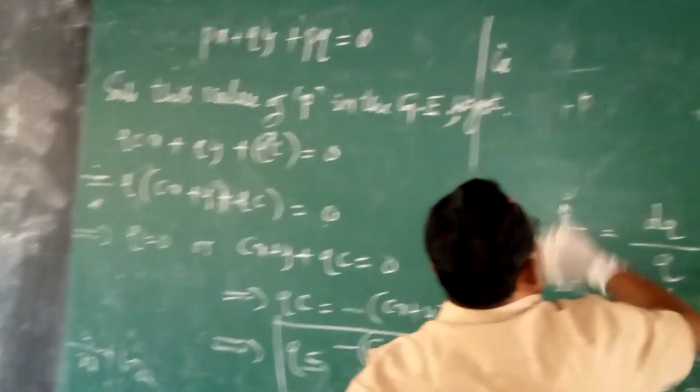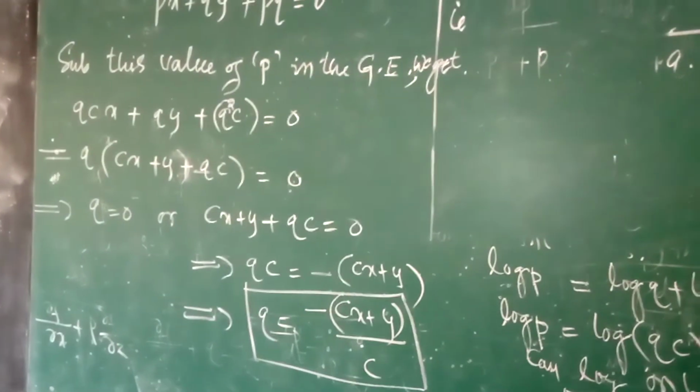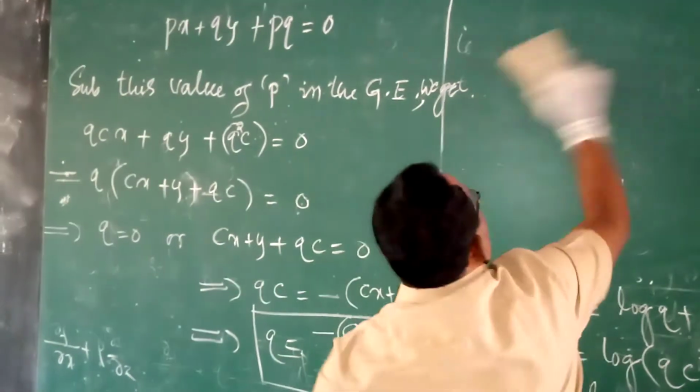Let us substitute these values of P and Q in the standard equation dz is equal to P dx plus Q dy.